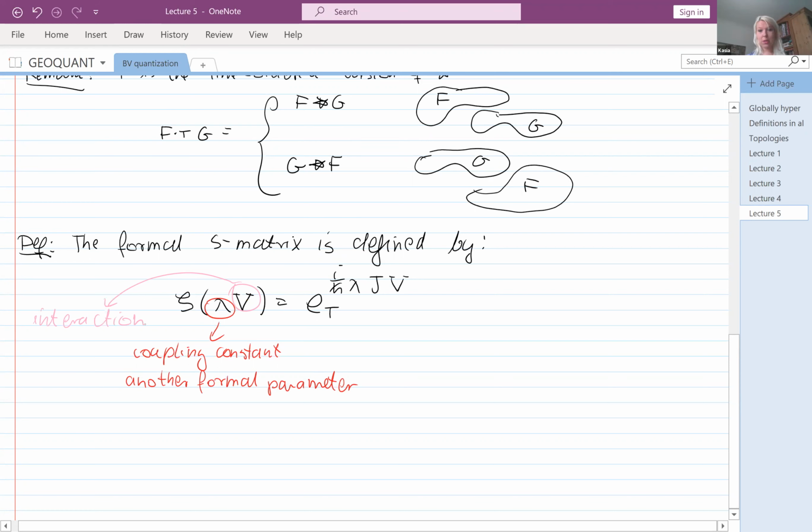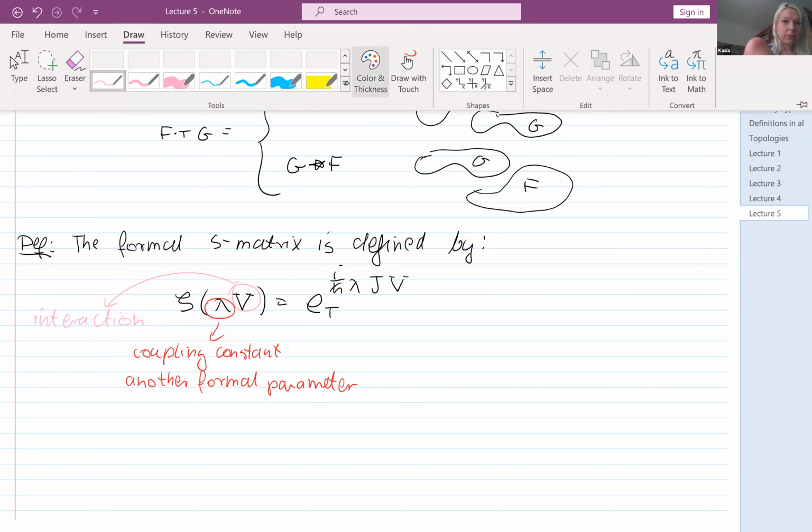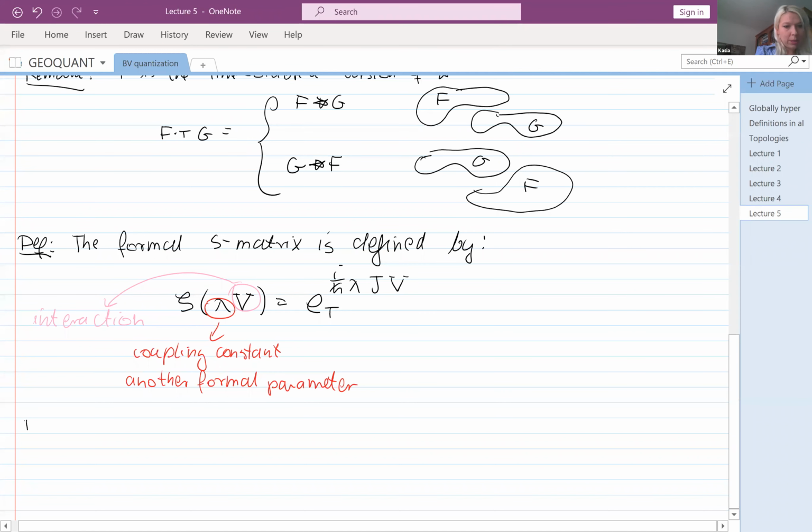So we are now interested in a theory which is given by the Lagrangian L0 plus V. So the total Lagrangian L is L0 plus V. So yesterday I dropped that V from my consideration, so I just defined the free theory, but now I'm going to bring that V back.